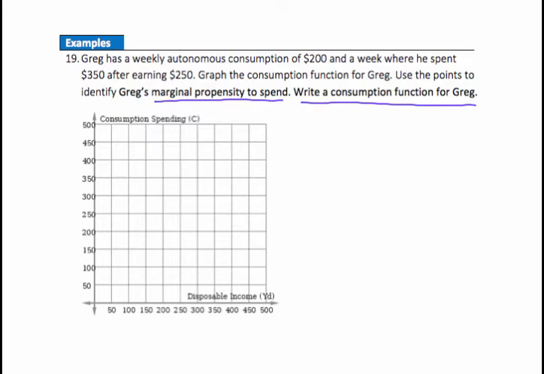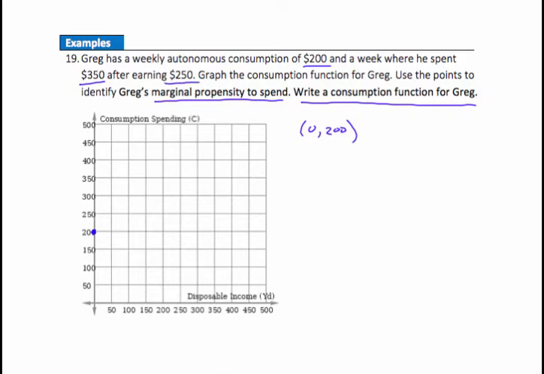So, Greg has a weekly autonomous consumption of $200. That means he's going to spend $200 even when he has no income at all. So, zero income, $200. That's our autonomous consumption point. So we'll write that up here. That's the point 0, 200. The next point that we have, we know this, that he spent $350 after earning $250.